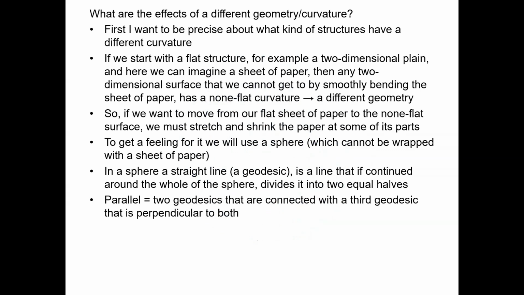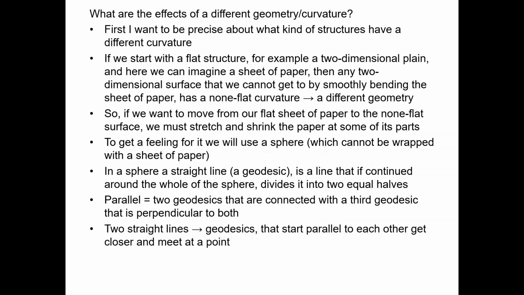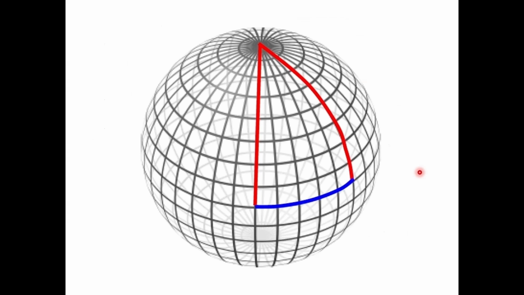Now with these facts of our sphere geometry, we can notice that two straight lines, two geodesics that start parallel to each other, get closer and meet at a point. Here we have two geodesics, these two red lines, that are parallel to each other at these points. They are connected by a third geodesic that is perpendicular to both of them.